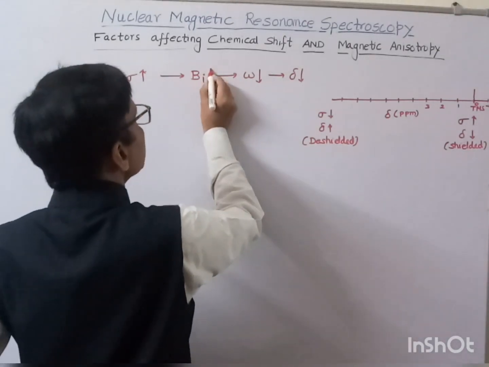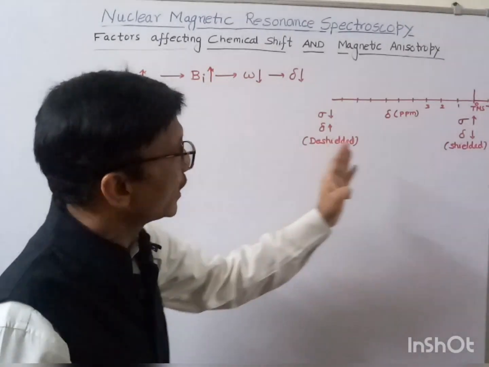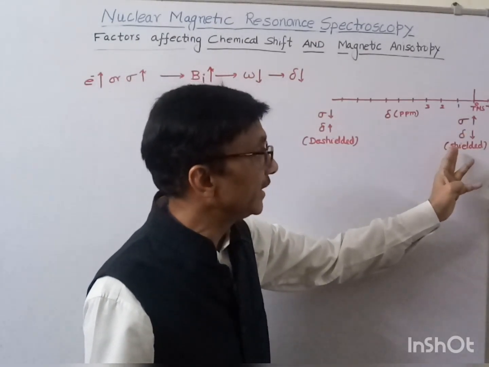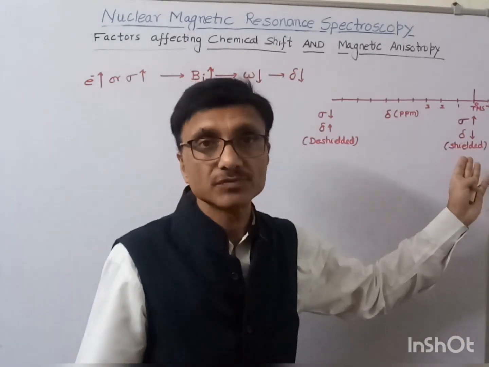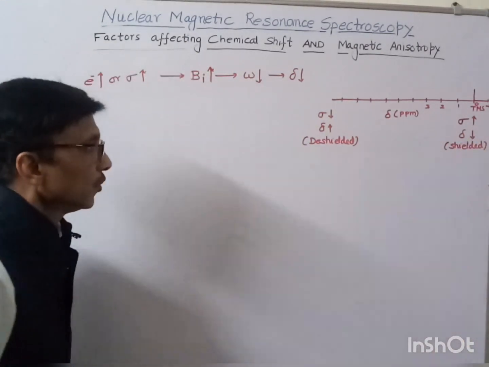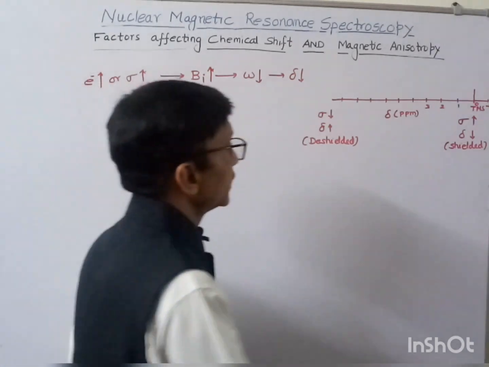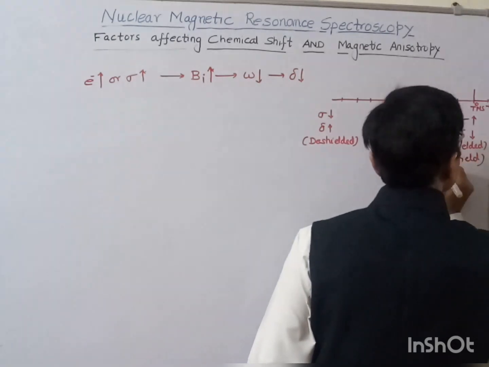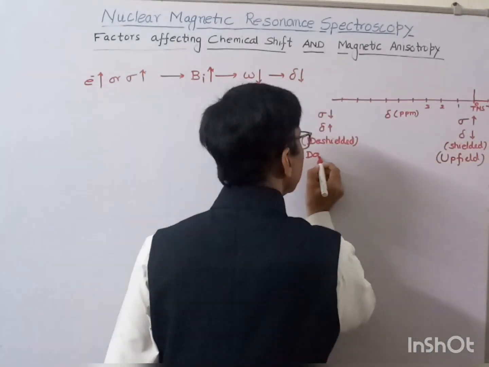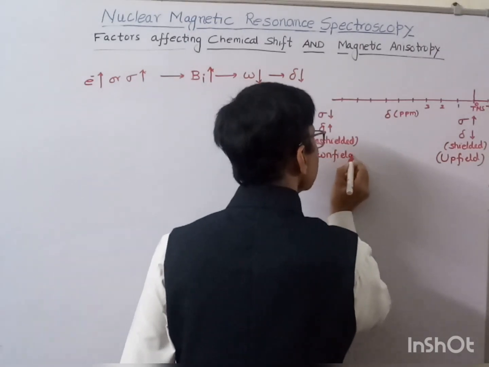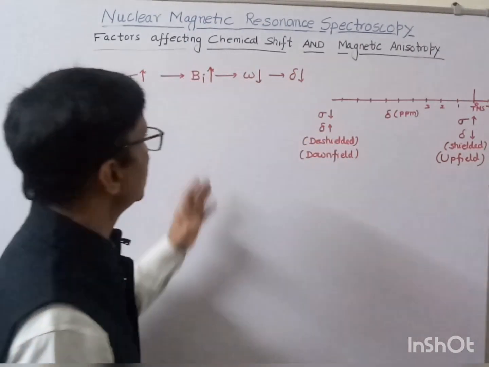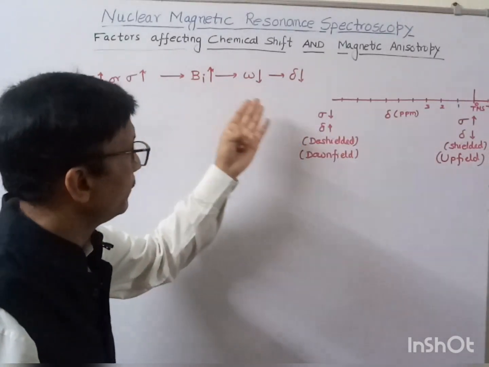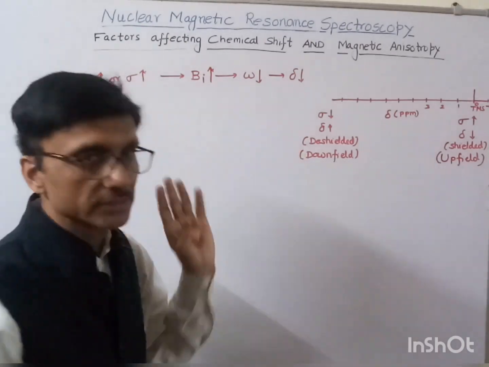So if electron density increases and shielding increases, then B induced increases, and that is called shielded. This is also called upfield, and the other is called downfield. Here B induced increases, meaning upfield; here, if electron density is less, B induced decreases, and it is called downfield.